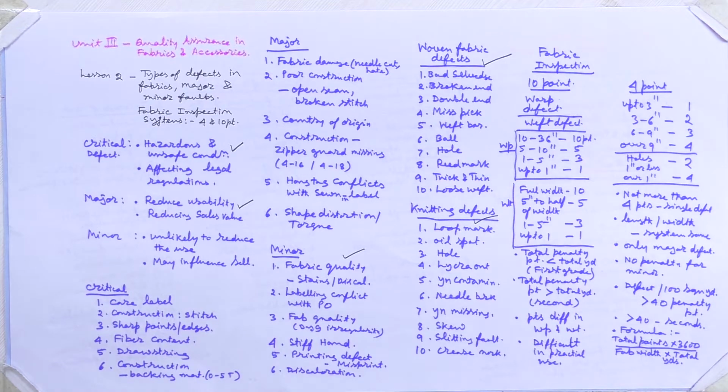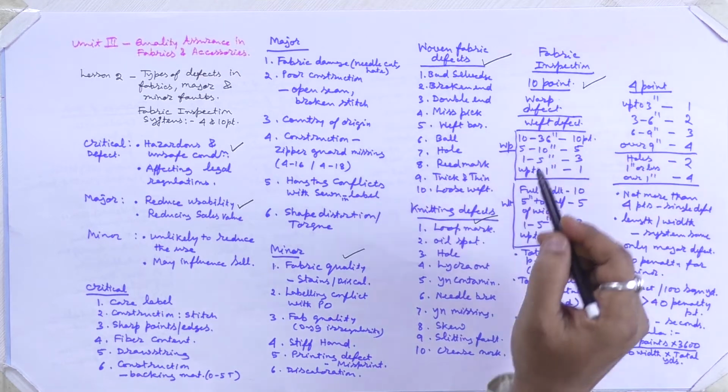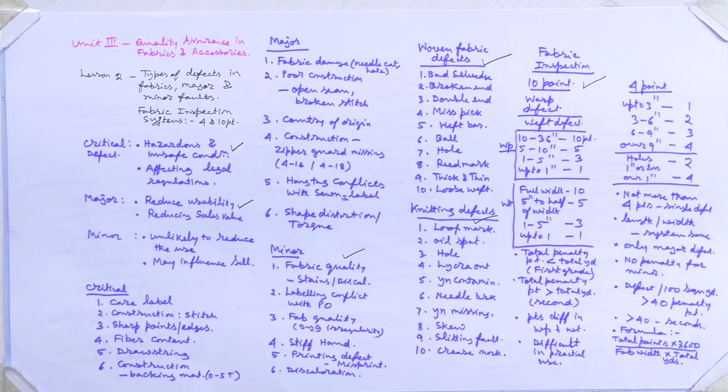Now we will see two different types of fabric inspection categories. The first category of inspection is the 10-point inspection, and then we will see the 4-point inspection.